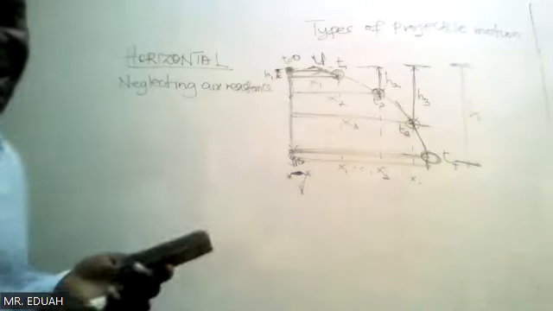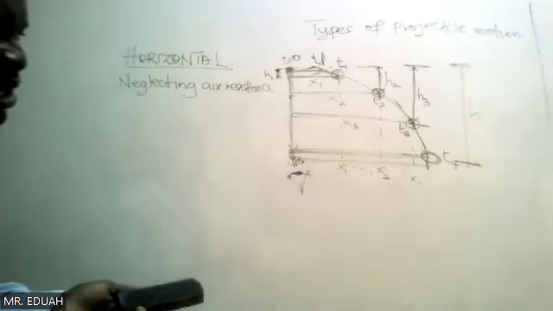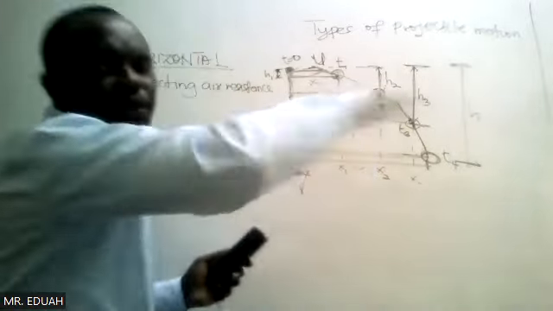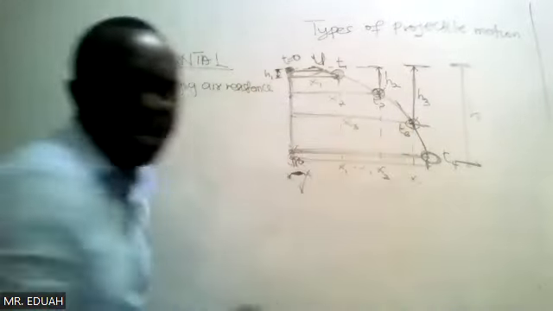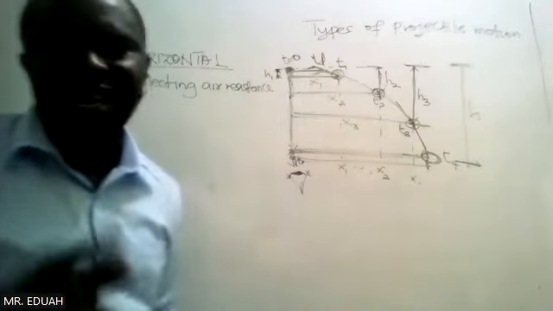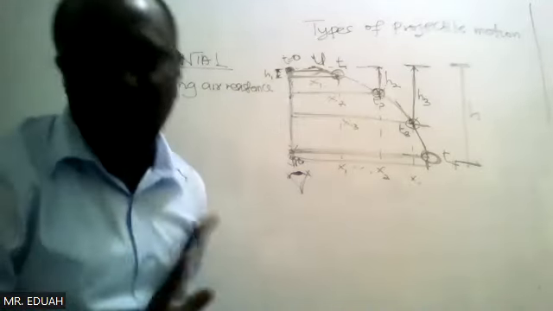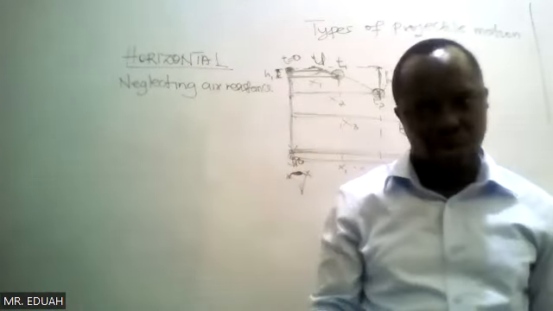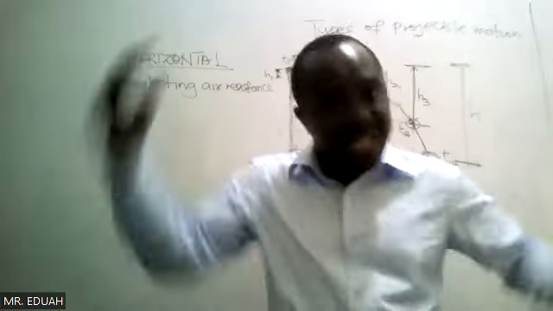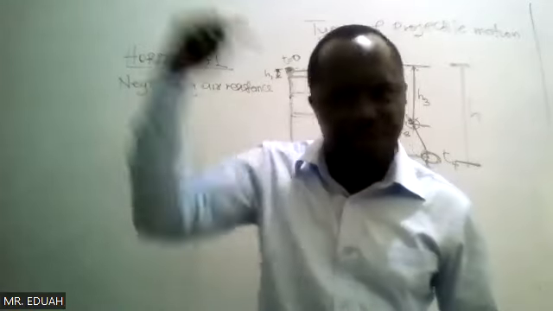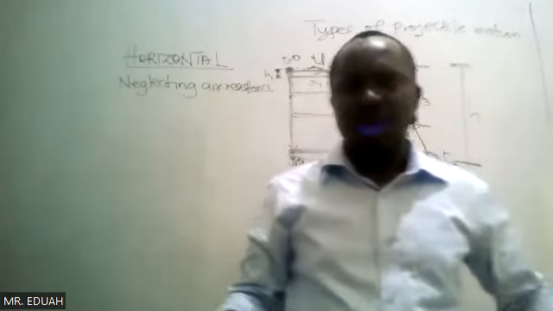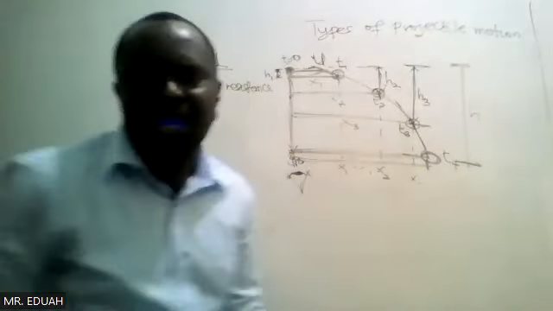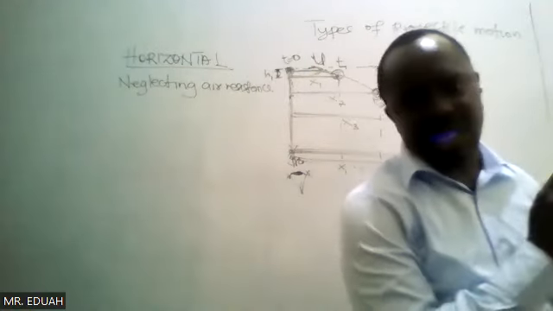The second condition is that, because we are looking at what happens horizontally, when a body is moving horizontally, the effect of gravity is not there. When I walk, gravity acts on me, but it will never affect my speed so long as I'm running or walking horizontally.